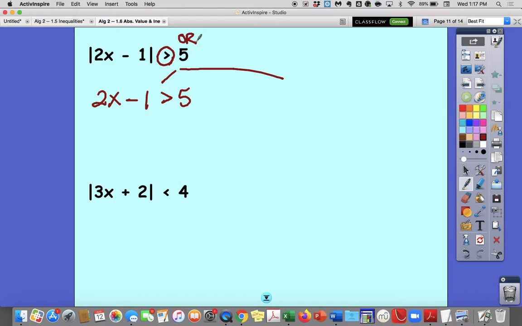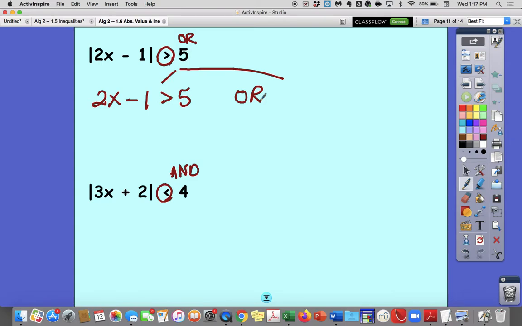But just for the sake of discussion, look down at the second one. It has a less than, so on that one we're going to write and. So you have to write the appropriate term. Here we're going to write or, and that's going to help us remember when we get to our graph. Hopefully, if you're thinking greater is or, you soar, it's going to be on the ends, like little wings.